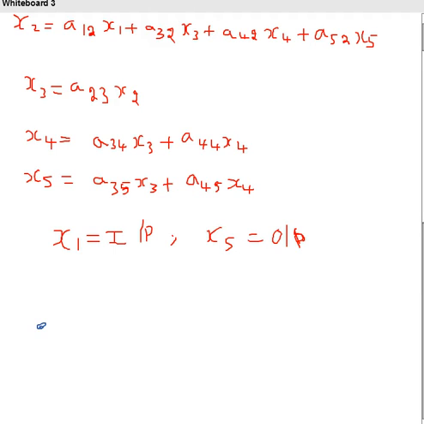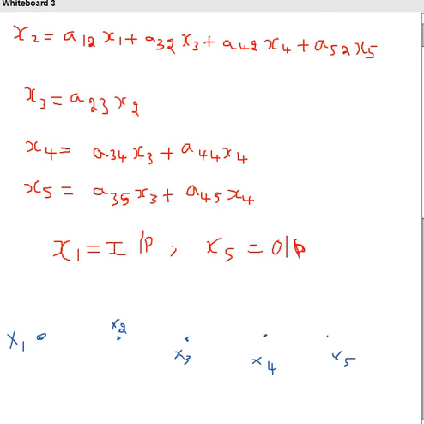This is x1, x2, x3, x4 and x5. So I just located the nodes x1, x2, x3, x4, x5.